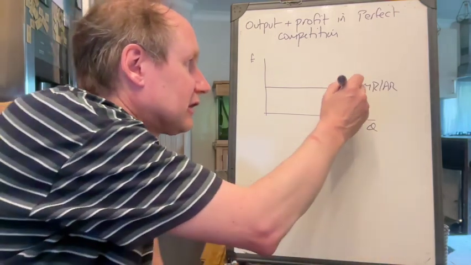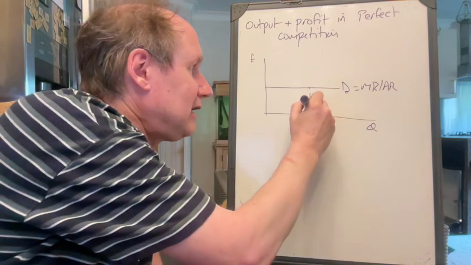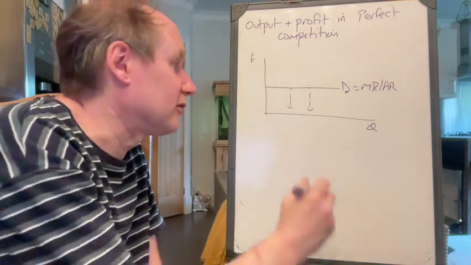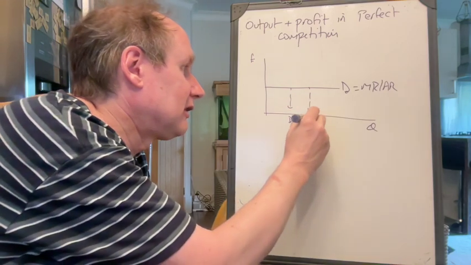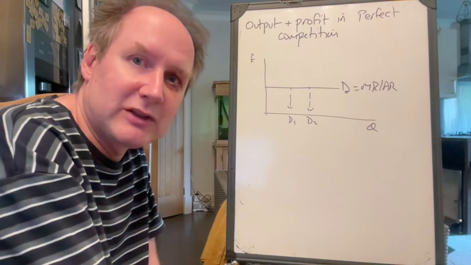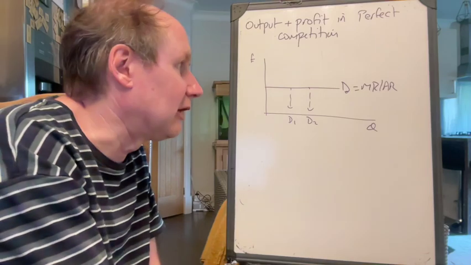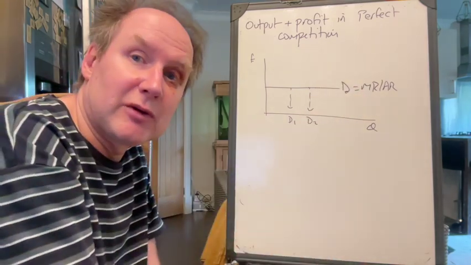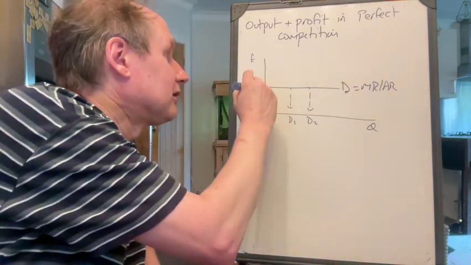Sometimes we're interested in how many units the firm is selling. So sometimes this line is telling us that demand is at D1 or at D2. That's the output being sold. Depending on what the firm chooses to do, sometimes it's telling us about quantity, sometimes it's telling us about money.